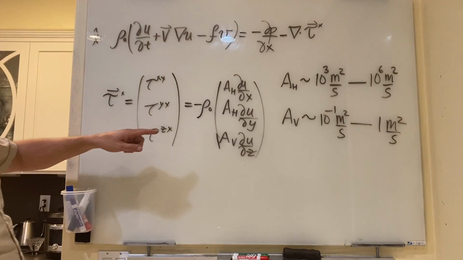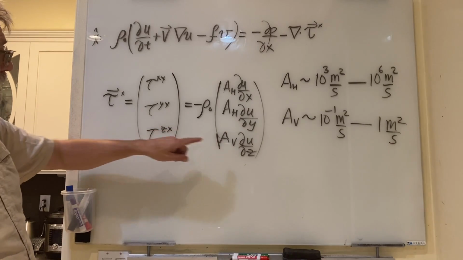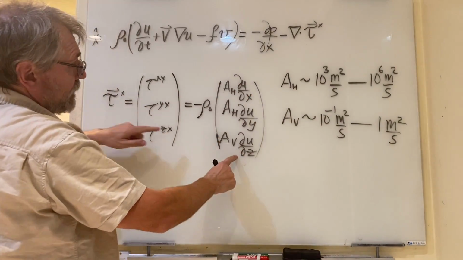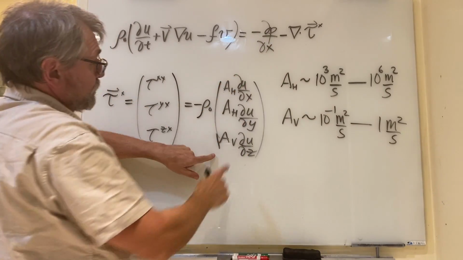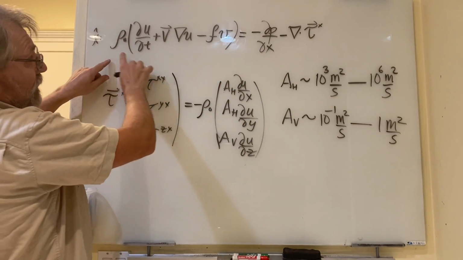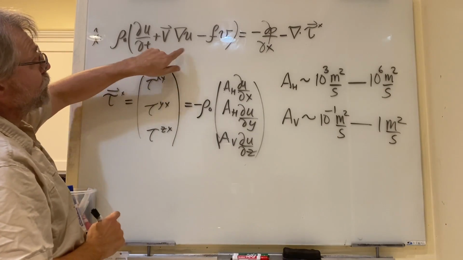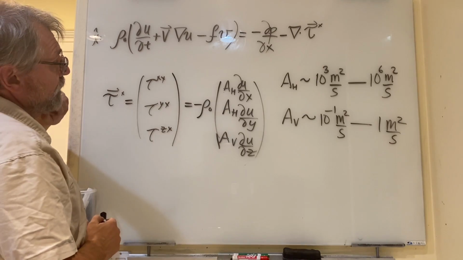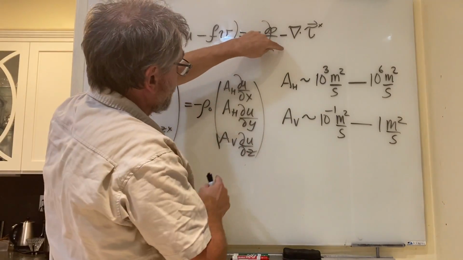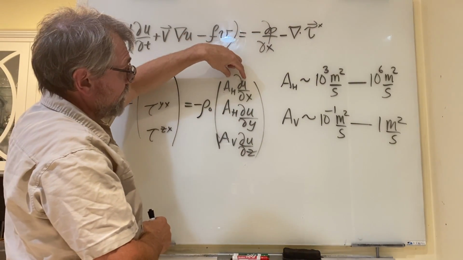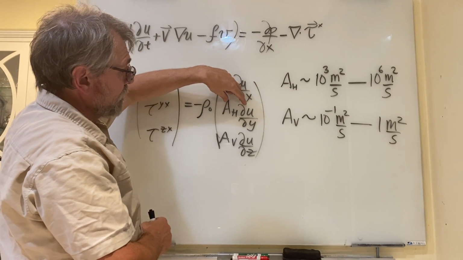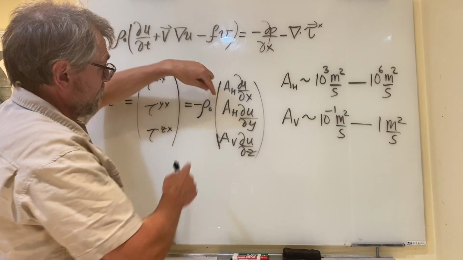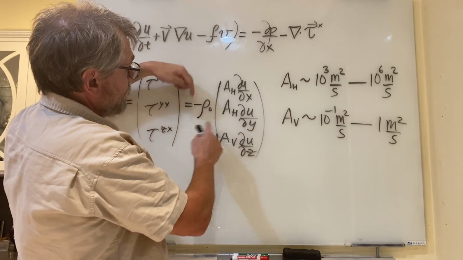All right, so what we can do is substitute this expression for the stress into the divergence term and get an expression in the x momentum that involves only the u and the v velocity components. So let's substitute that in there. The divergence is d by dx of the first component plus d by dy of the second component plus d by dz of the third component. So rho naught and h are constants, you can pull them out.